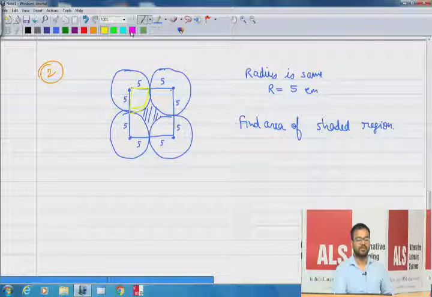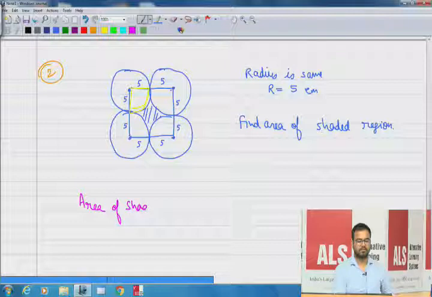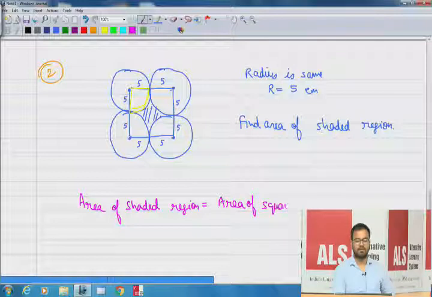So area for the shaded region is equal to area of square minus area of 4 quadrants.